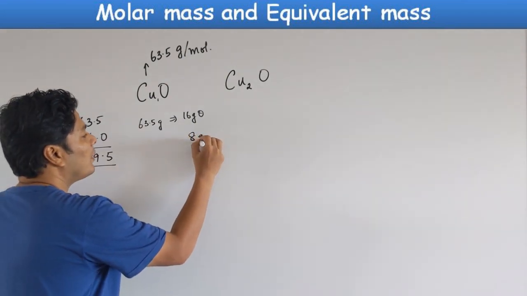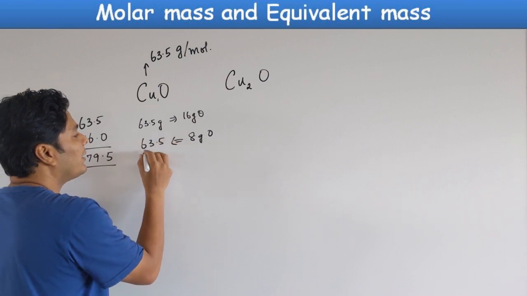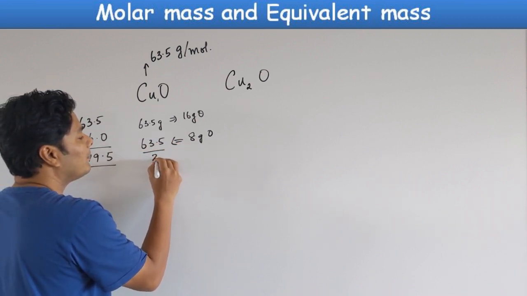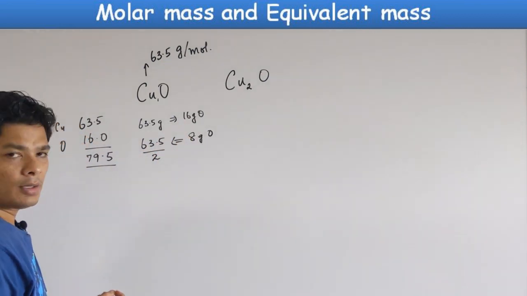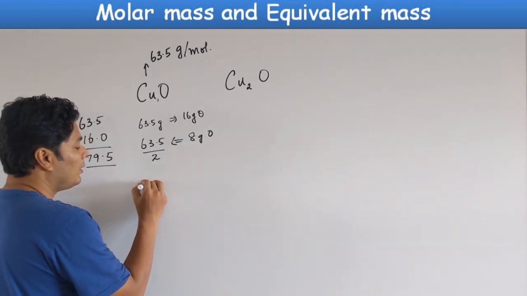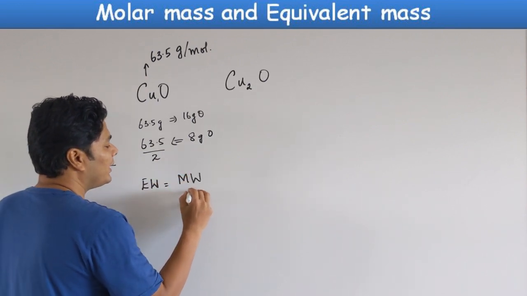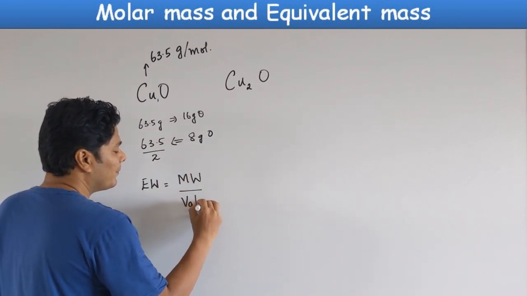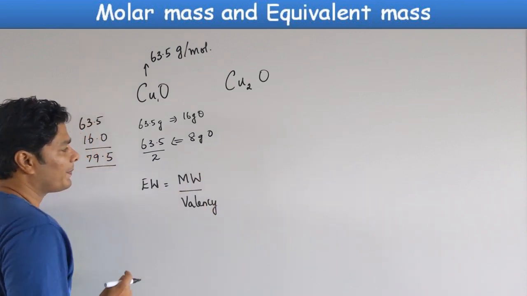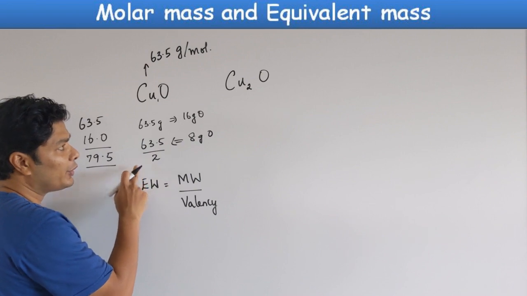So with 8 grams of oxygen, how much will combine? 63.5 divided by 2. Straightforward. Or we can say equivalent weight equals molecular weight divided by valency. That's the easiest way to say it. Valency is 2+, so equivalent weight equals molecular weight divided by 2.